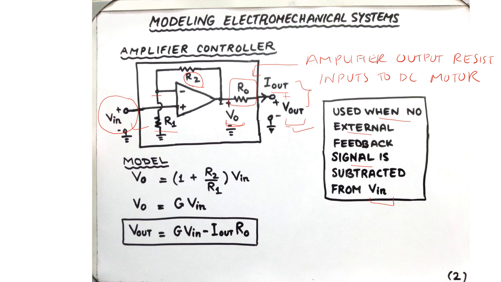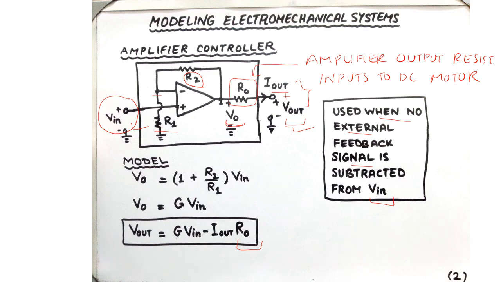So in our discussion of the electromechanical systems, we are not going to ignore the amplifier output resistance. In fact, it is going to play a crucial role in the final expression, the final differential equation of our interest.